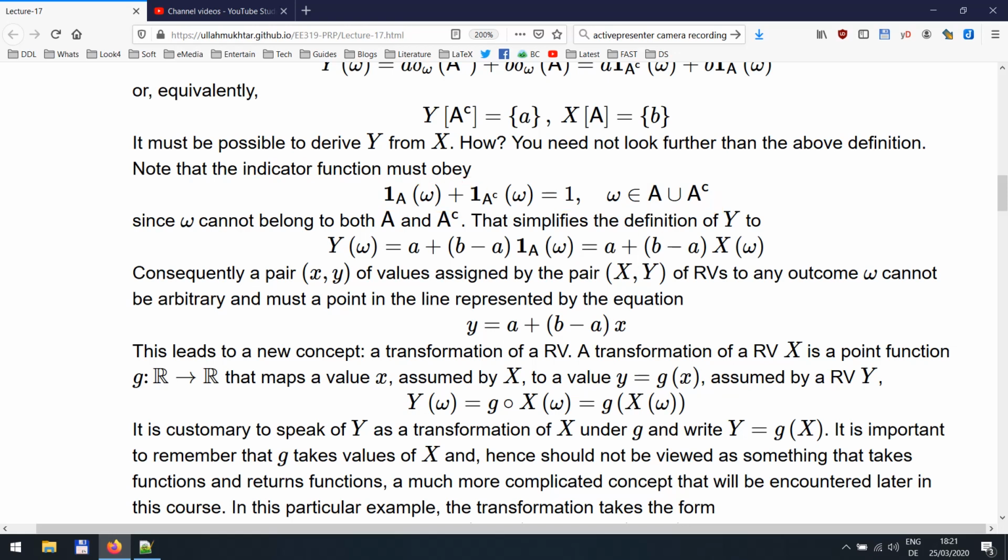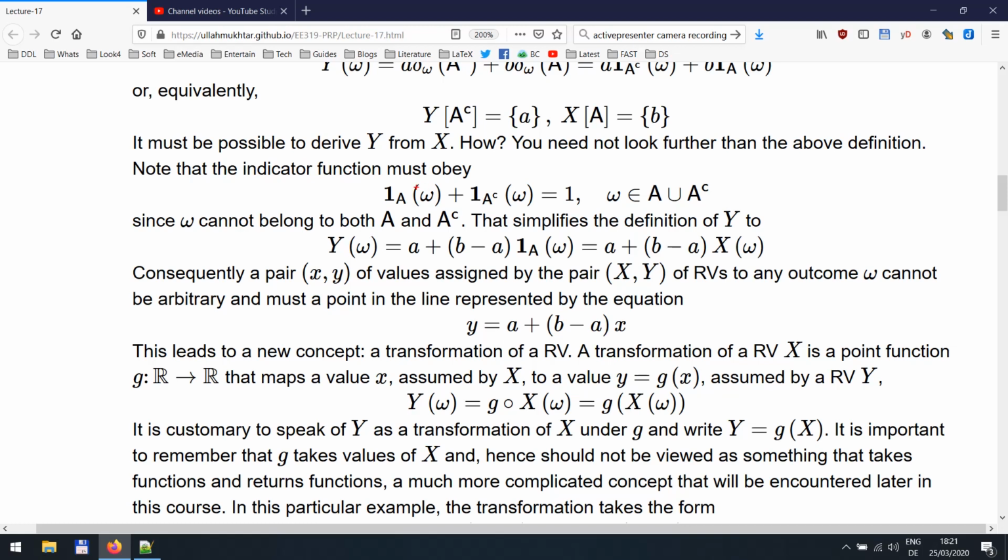Any point omega can either belong to A, and in that case this will give me a 1, or it can belong to A complement, and in that case this will give me a 1. But it is not possible that omega belongs to A as well as to A complement, because otherwise I'll get 1 plus 1 equal to 2. No, it's not possible, because omega cannot belong to both. Only one of these will be a 1, the other must be a 0, so the total has to be equal to 1.